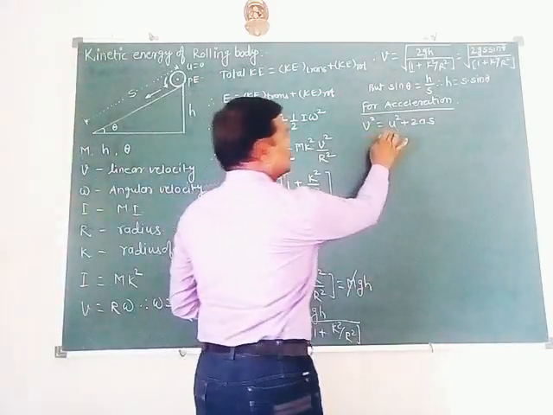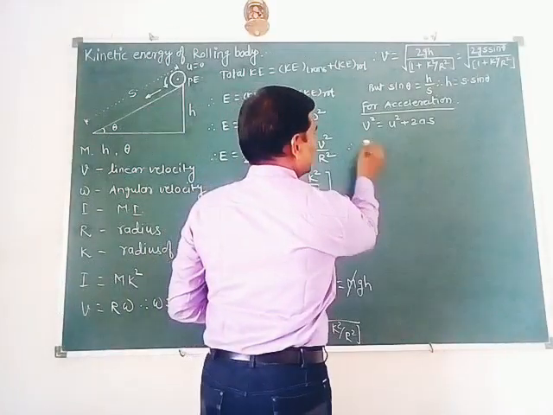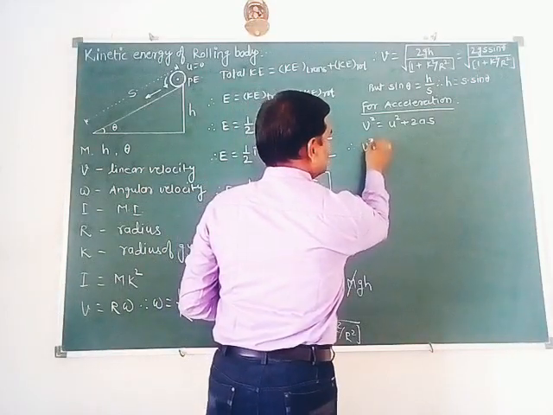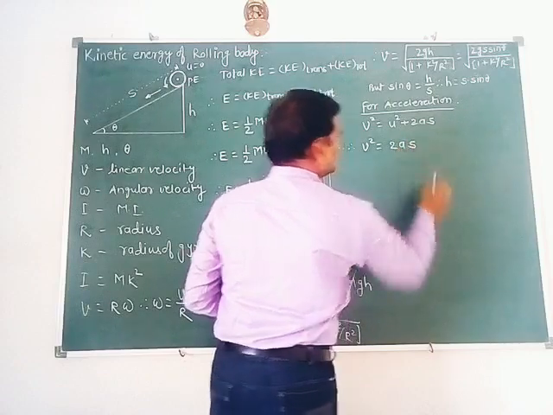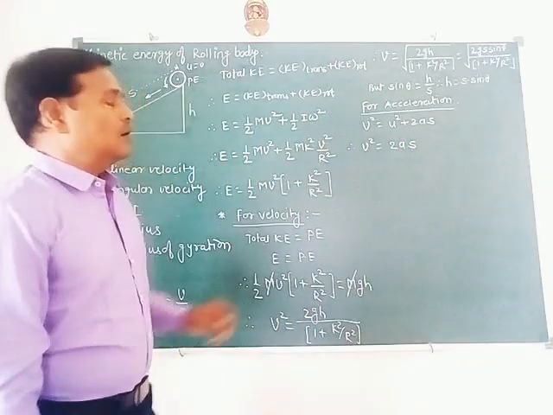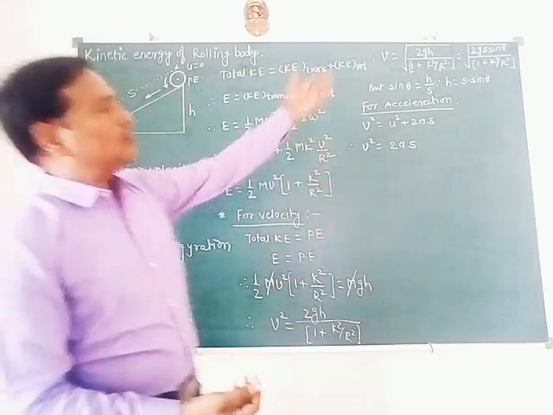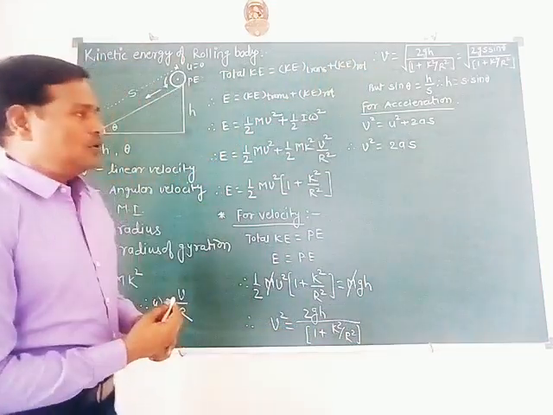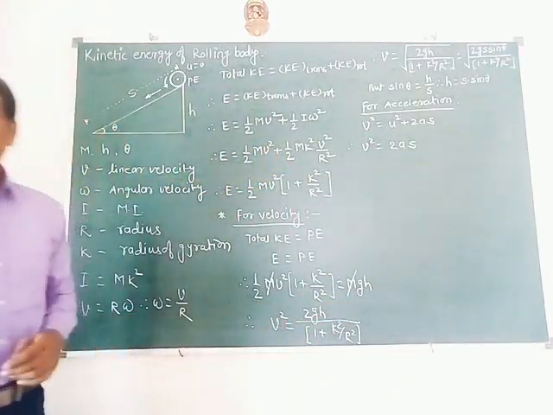So what is u? u equal to 0. Therefore we can write v square equal to 2as. But again, S can be written in terms of H, the same relation. So here, instead of v square, write this one.